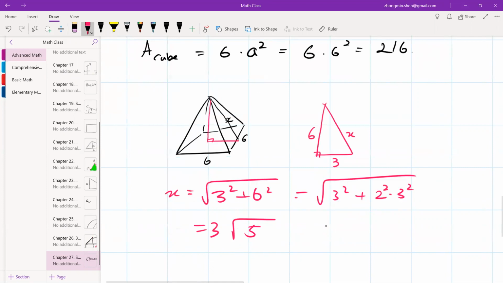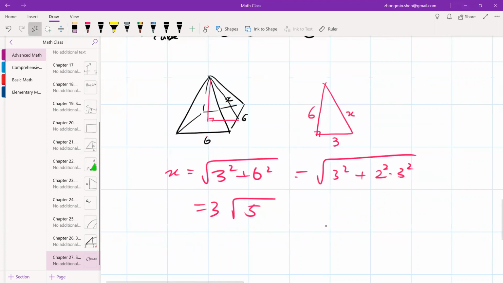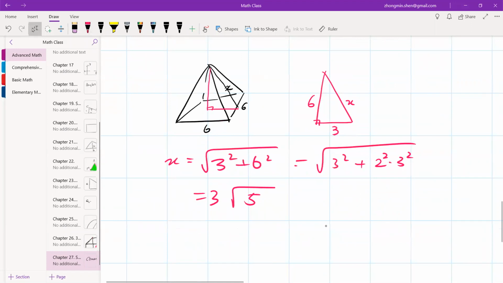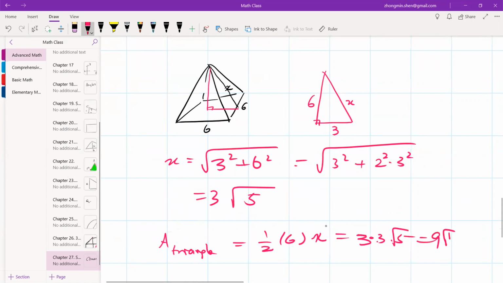So you get x. Now you get the area of one triangular face. The area of the triangle is going to be half of 6 times x, which is 3 times x. So it's 9 square root of 5.